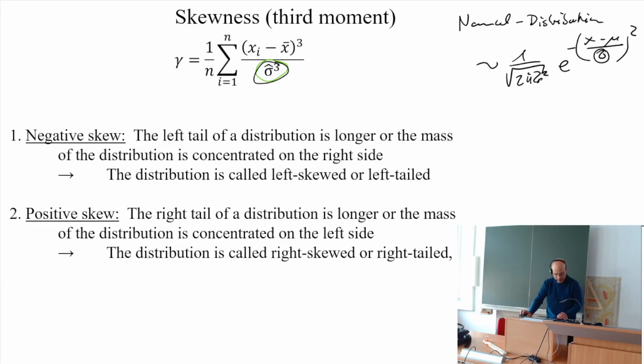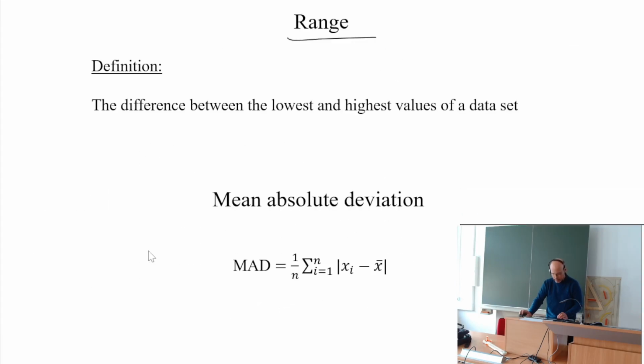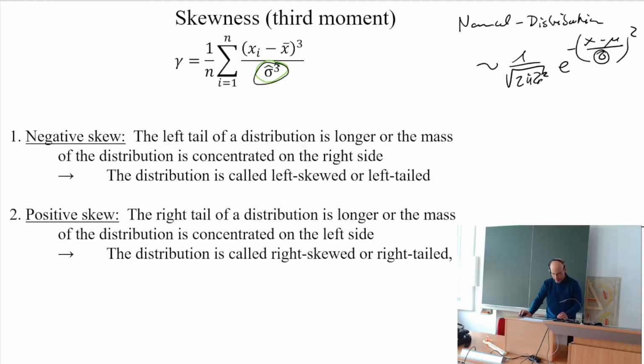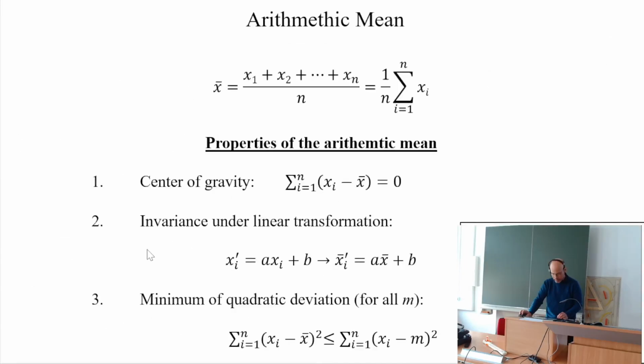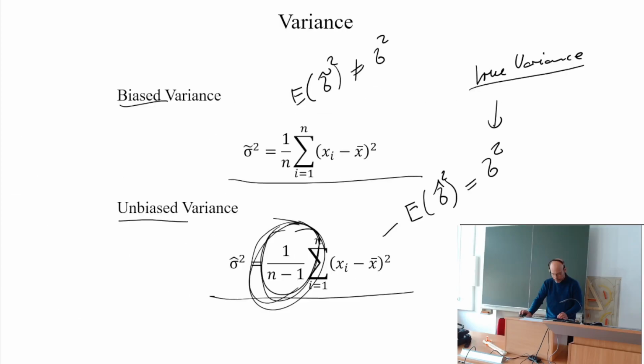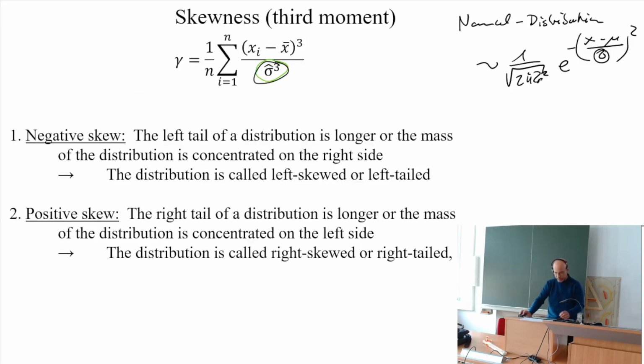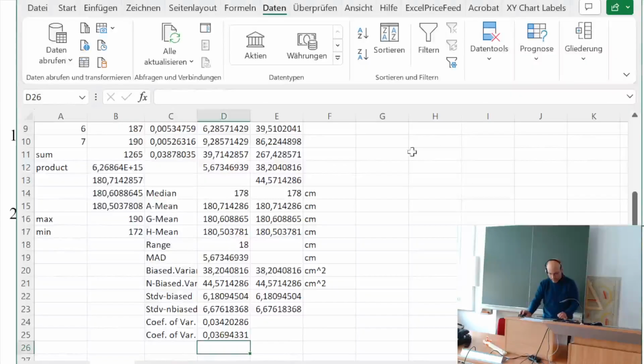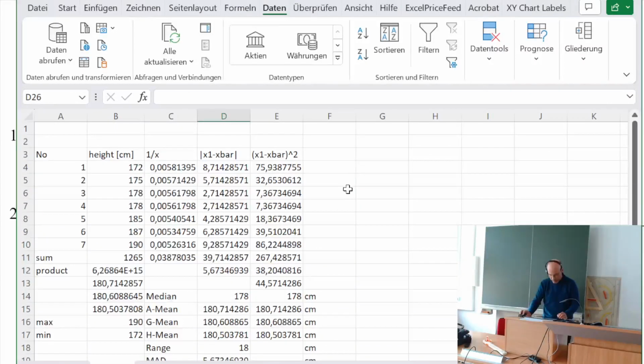Biased, or I defined it with a hat. Where is it? Range. There, yeah, the unbiased one. So then let's go. This one.